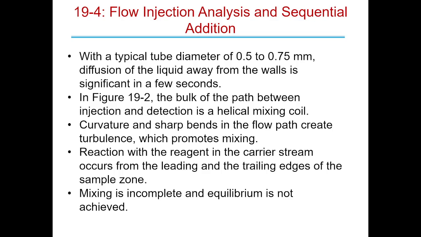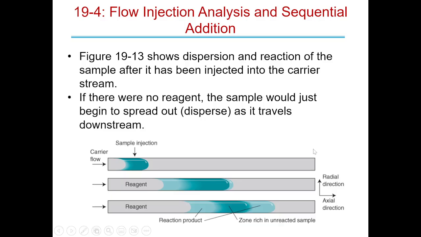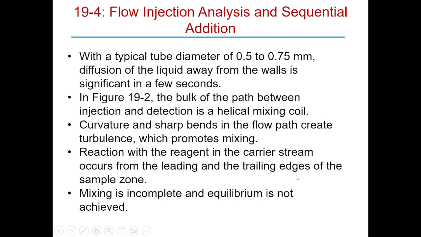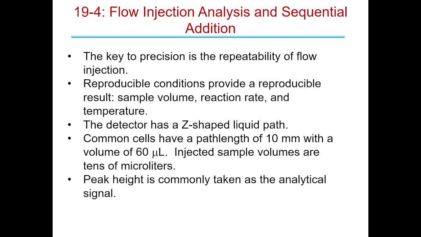The reaction with the reagent in the carrier stream occurs from the leading and trailing edges of the sample zone. Mixing is incomplete and equilibrium is not achieved. Essentially, if you wanted to achieve equilibrium, this thing is going to take far too long. That would be no flow rate, I guess.